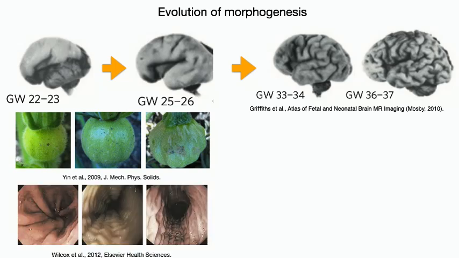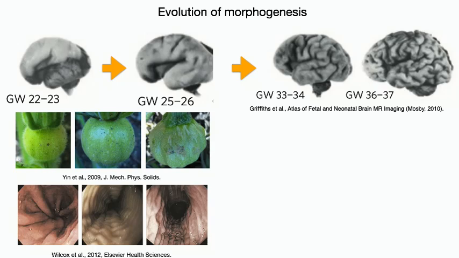Also, this is the esophagus for cats, and this is the esophagus for humans. You can see that there are different patterns inside. These patterns are very important to maintain its normal function. And this is the stomach. You can see there are zigzag patterns inside.